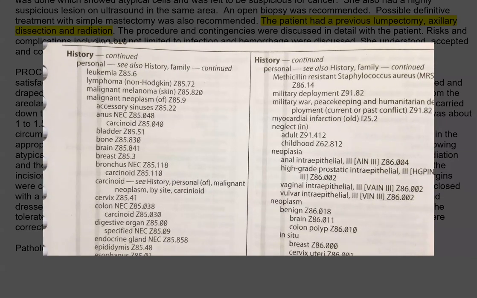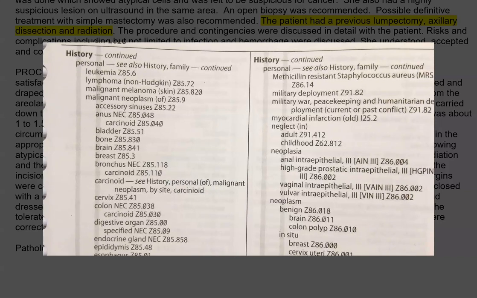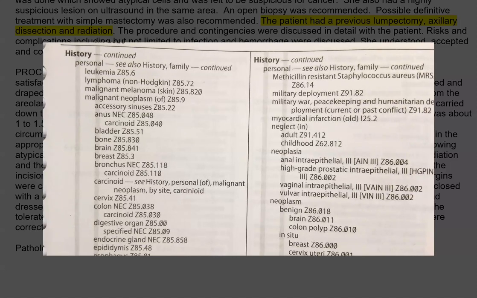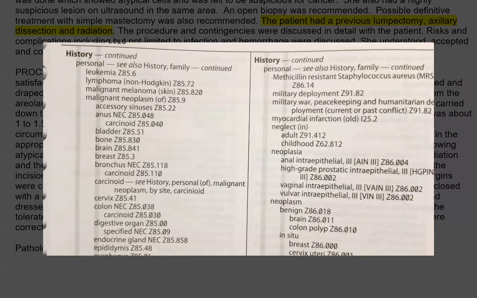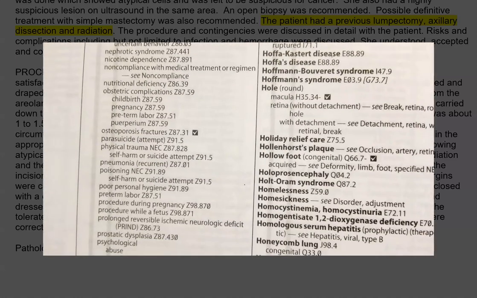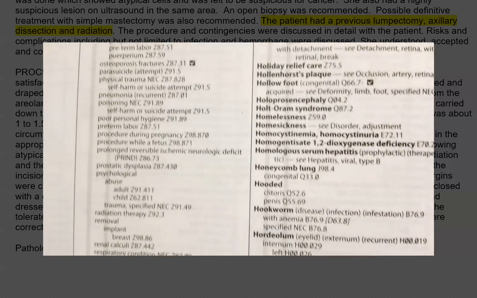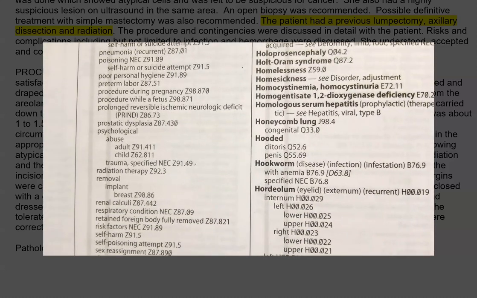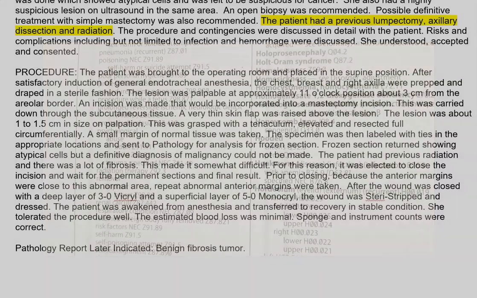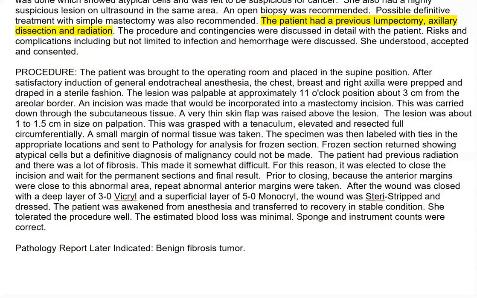Under malignant neoplasm, I'm going to go to breast, which gives me Z85.3. Now, while I'm over here, I'm also going to pick up the second code, and then we'll review them both. So I'm also going to go to history, personal, and this time I'm going to go to radiation therapy, which gives me Z92.3.